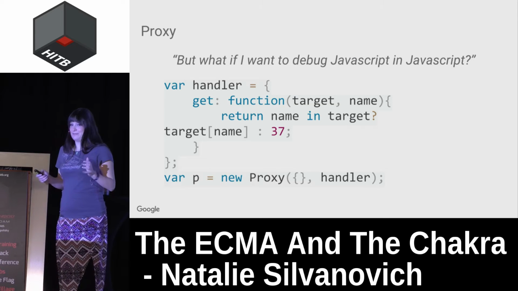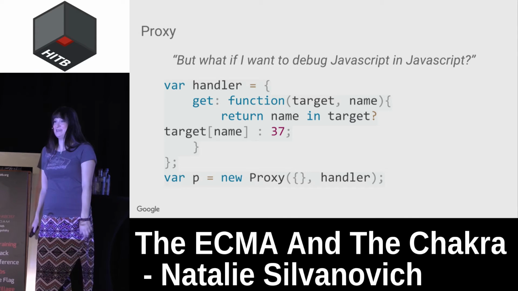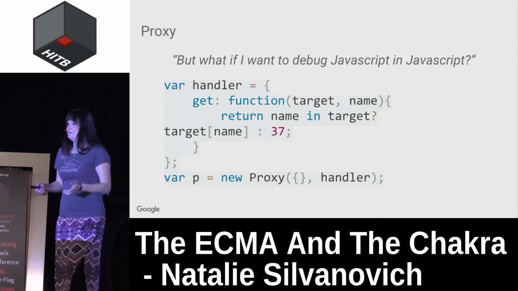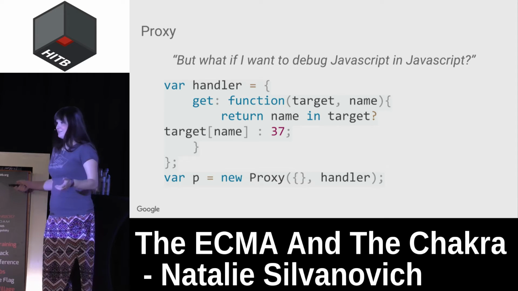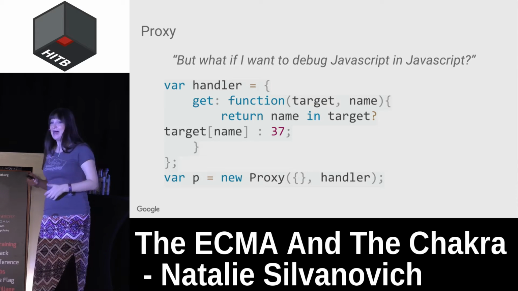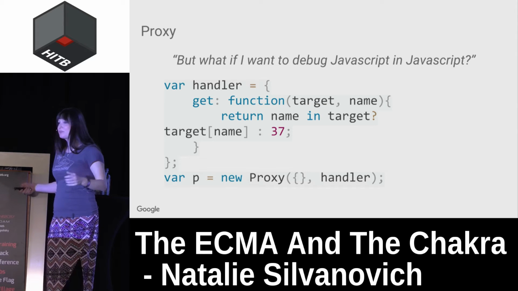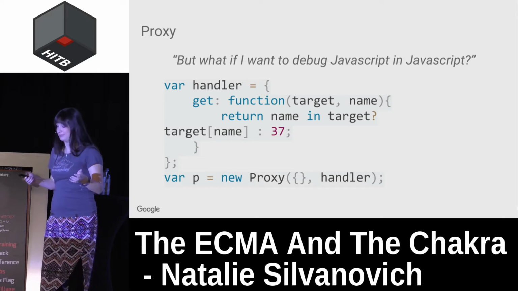So here's another weird feature of JavaScript, the proxy. And the idea here is, what if I want to debug JavaScript in JavaScript? What if I want to debug JavaScript in JavaScript in JavaScript? So it tries to create an interceptor for absolutely everything you can imagine. There is nothing you can do in JavaScript that a proxy cannot intercept.